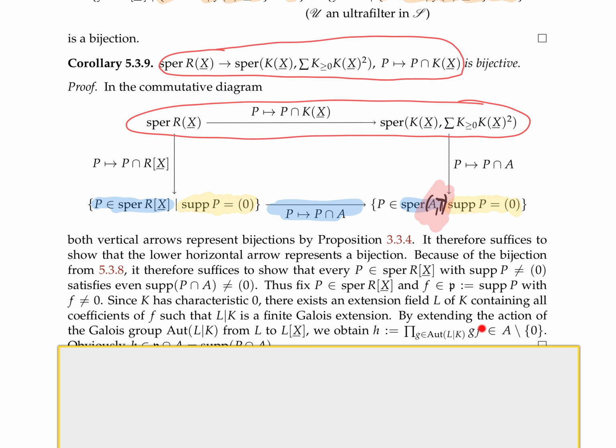So G times F means that I apply G coefficient-wise to F. Then I get another polynomial over L now. And I take a product over all automorphisms G, there are only finitely many.